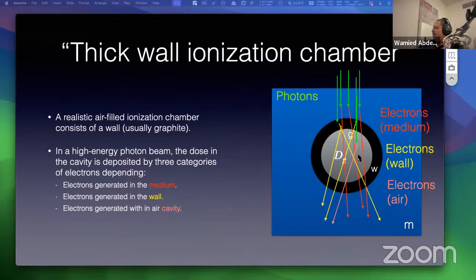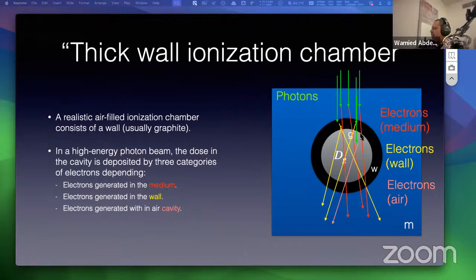So essentially, the dose deposited in the cavity is coming from three sources of electrons. Here I'm talking about high energy photons, so they can transfer significant energy to electrons.